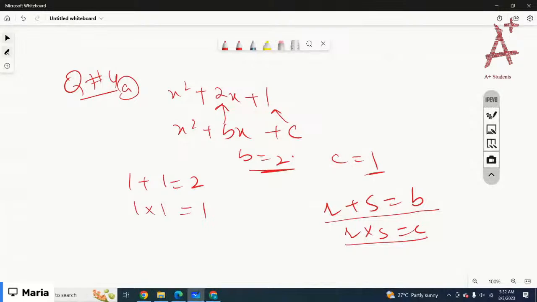That means the factors are x plus 1 and x plus 1, right? Let's just do another question.